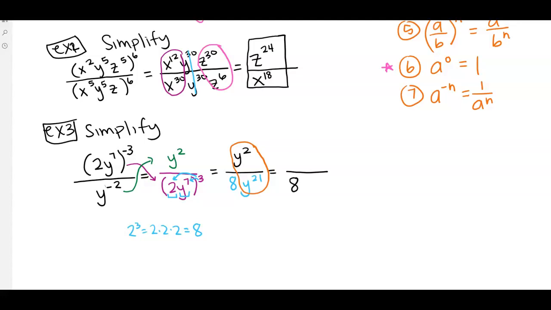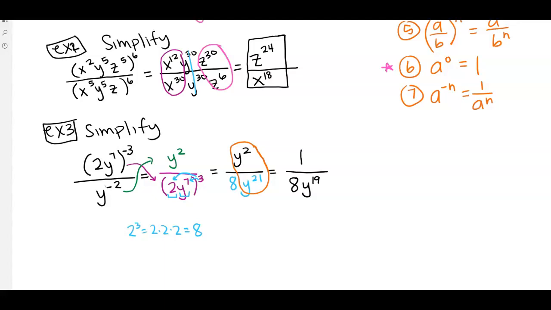It's happy, it doesn't have a negative exponent on it. And y to the 21st is on the bottom, y to the 2nd is on the top. So how many y's do I have left on the bottom? 19.